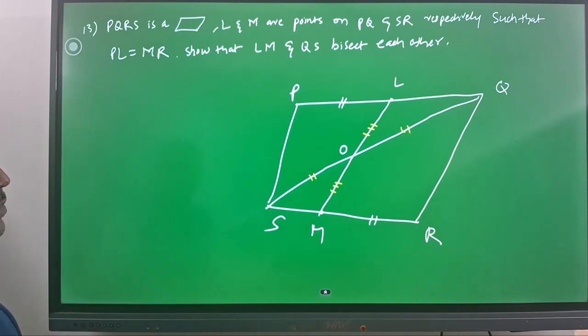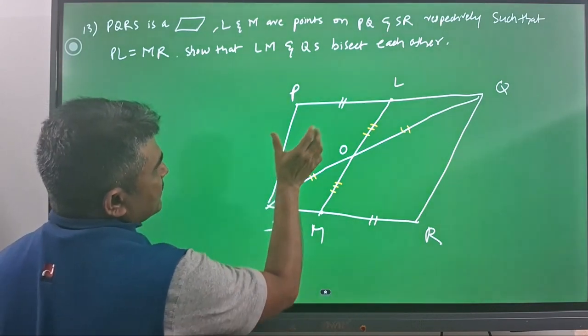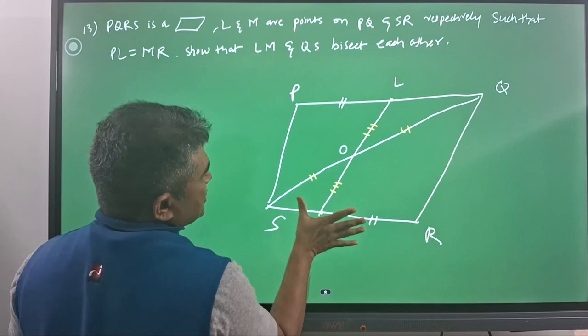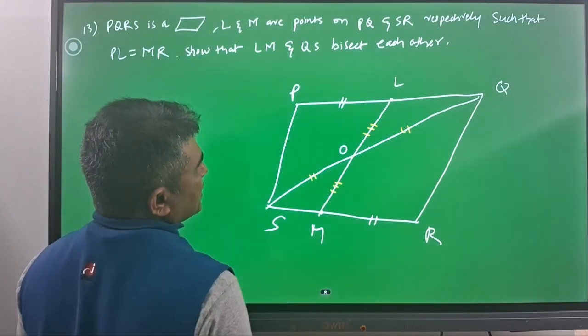So this is a parallelogram and opposite sides are equal, and from the problem it is given that some part of that opposite sides are equal. So from that we can get other relations.